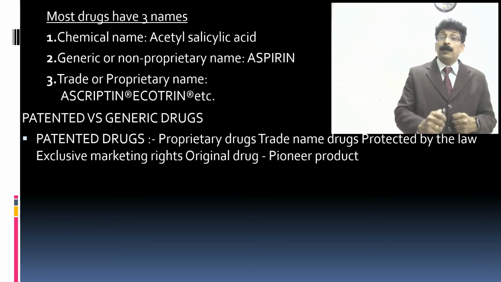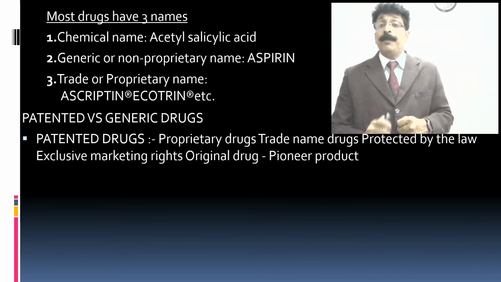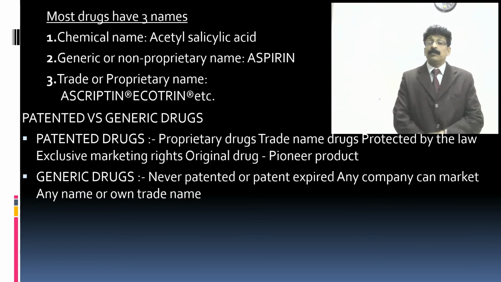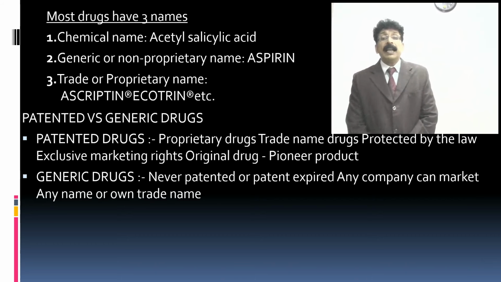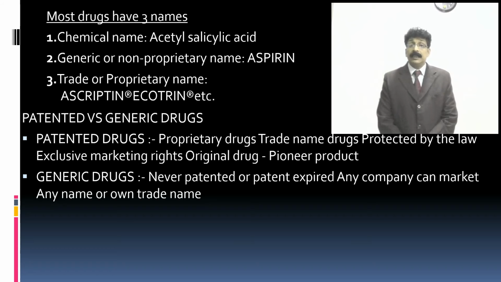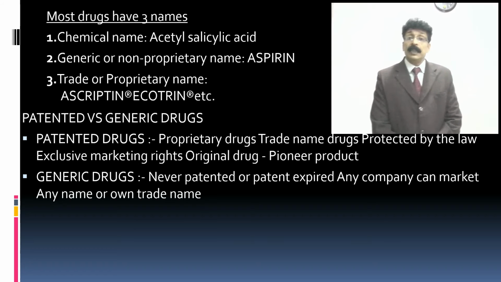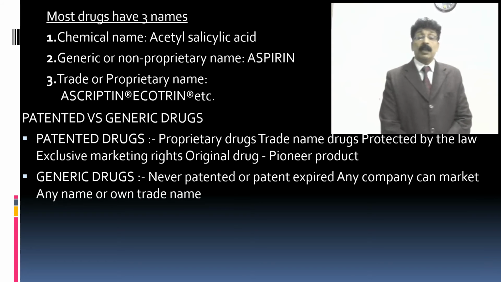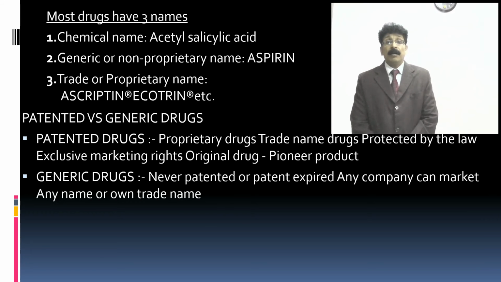It's a pioneer product. If anybody wants to use their name, they have to pay certain amounts which they have fixed. Generic drugs can never be patented because they are already generic. On patent expiry, any company can market it under any name or its own trade name.